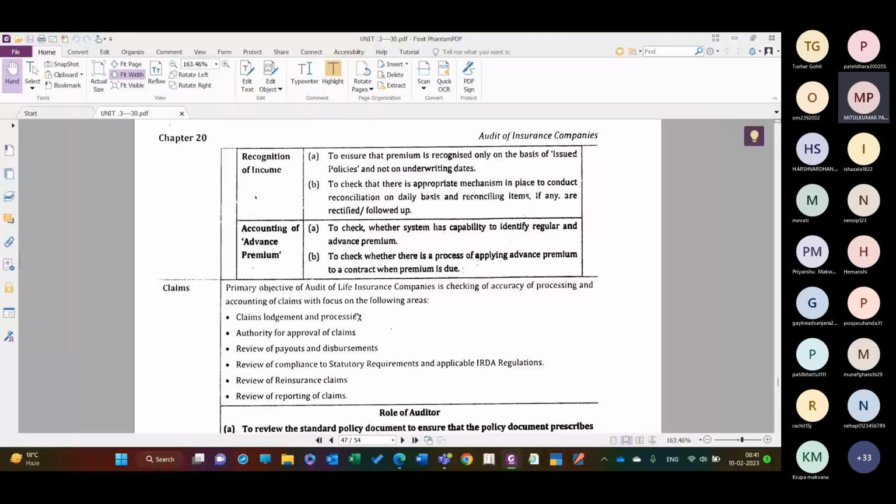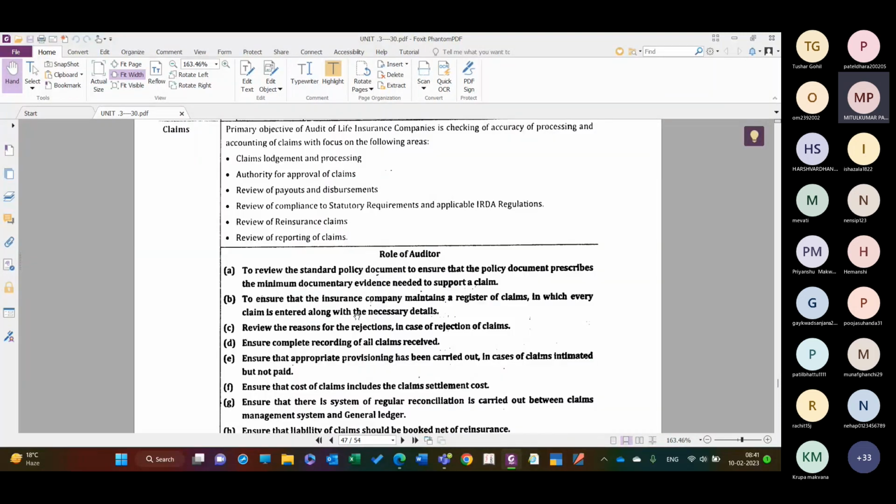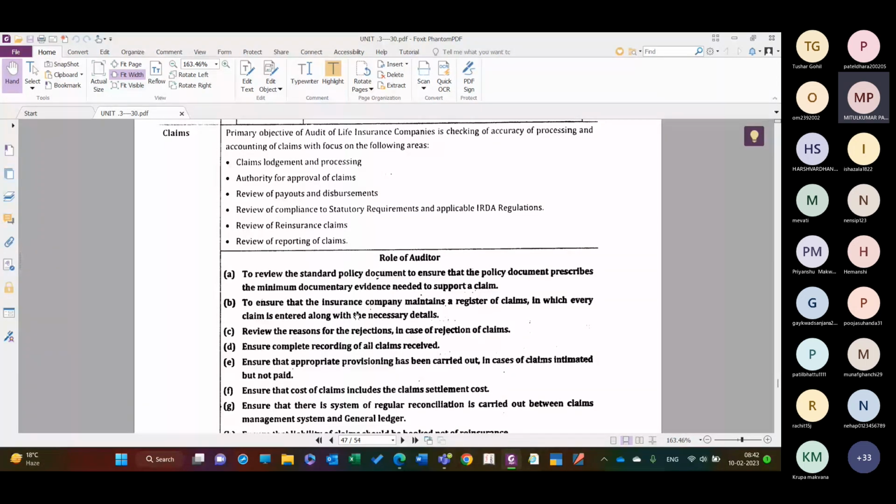Then claims. Obviously, if the insurance policy is in dispute, there may be cases of claims. The primary objective of audit of life insurance company is checking of the accuracy of the processing and accounting of claims with a focus on the following.